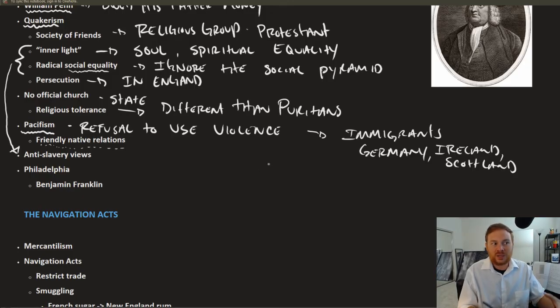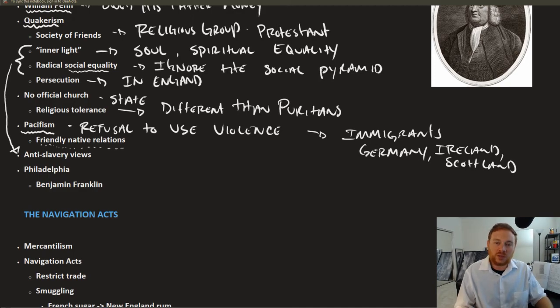They're not quite there at that point, but if you understand their views about inner light, about spiritual equality, about social equality, you can understand why many Quakers were uncomfortable with slavery. And they're one of the earliest organizations to voice an anti-slavery position.